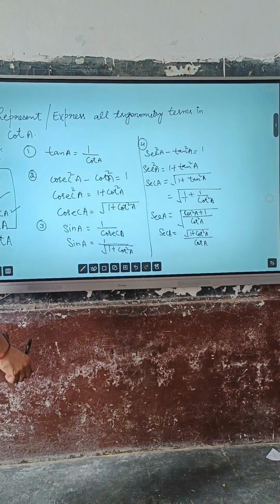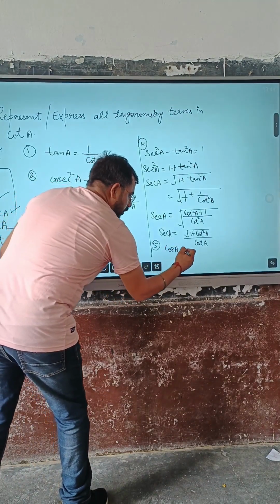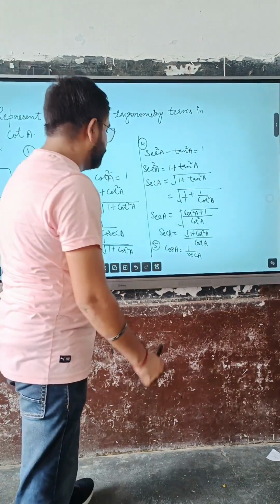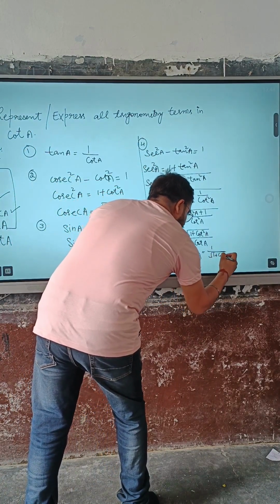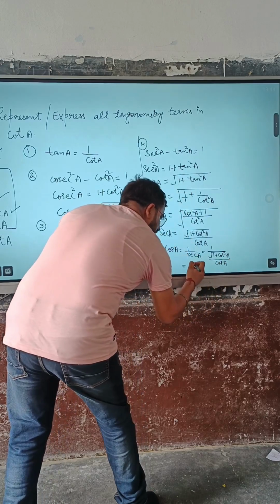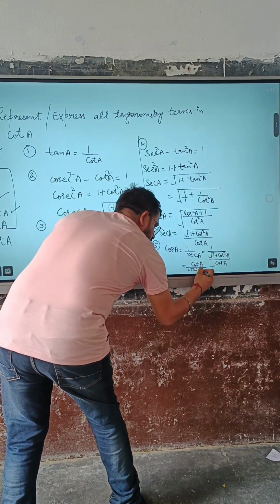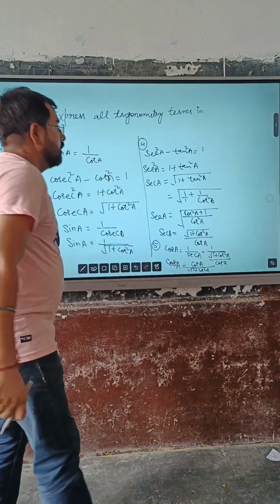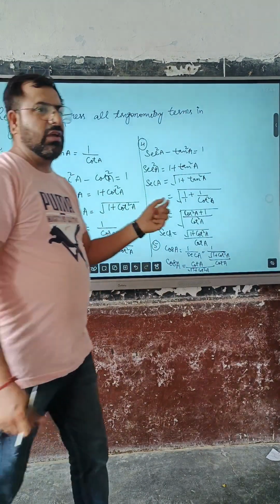Now we have to find the value of cos A. We know that cos is the reciprocal of secant and secant is the reciprocal of cos, so we fill in the value of secant, the square root of 1 plus cot square A over cot A. So the answer is cot A over the square root of 1 plus cot square A, that is cos A. In this way we can express all the trigonometric terms in any one of the trigonometric terms.